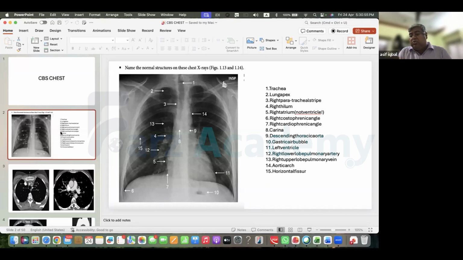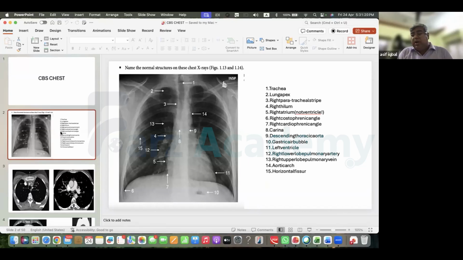Also don't forget to check the heart valve. Sometimes you will get wiring, and there is a small ring-shaped structure in the chest X-ray. If you miss that, you may lose the marking, you may fail this exam.